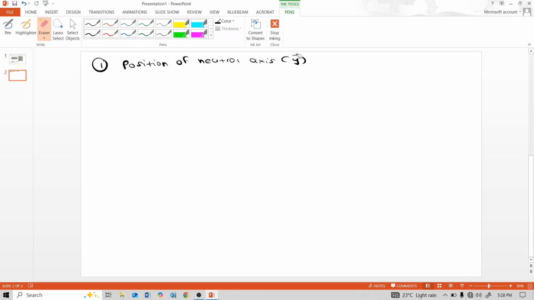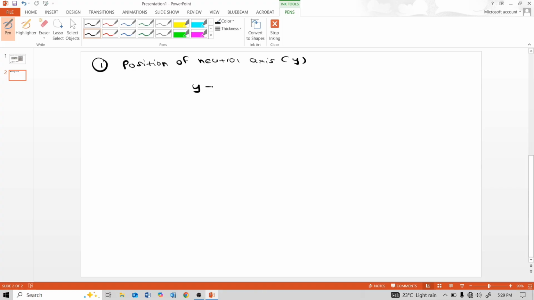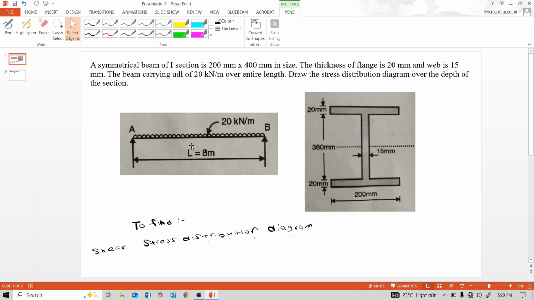Here we denote this as y. Y is equal to... for calculation of position of neutral axis, we use the formula a1y1 plus a2y2 plus a3y3 upon a1 plus a2 plus a3. But in this numerical, we don't use this formula.